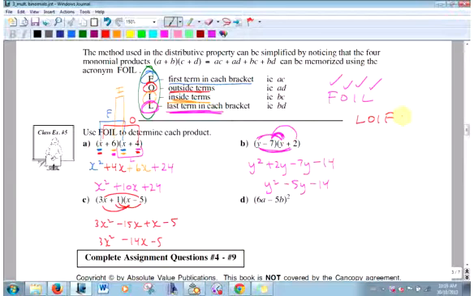I don't want to confuse you. It doesn't matter what order you do it in. I could have done last first, first last, okay? I can OILF, okay? Is that helpful? Probably not. This is just a way to remember that there's 1, 2, 3, 4 terms. The 4 different combinations multiplied together, okay?